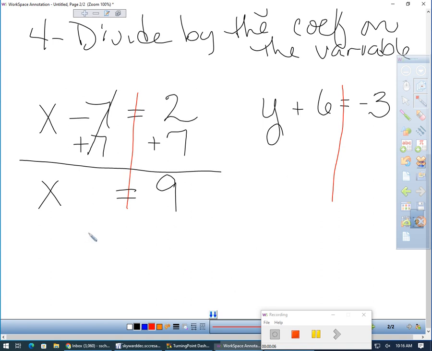Perfect. Very good. Good job, Joe. So what Joe said was to get rid of this positive 6, I have to subtract 6. Whatever I do to this side of my equals or my line, I have to do to this side. So here we have y equals. And Joe said negative 3 plus negative 6 is negative 9. Very good.